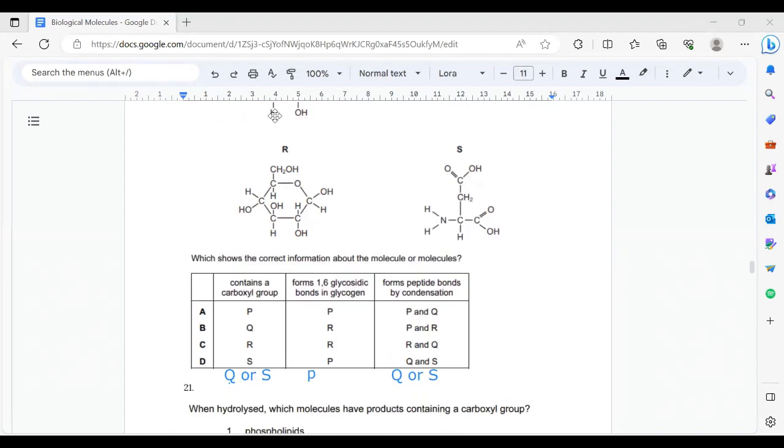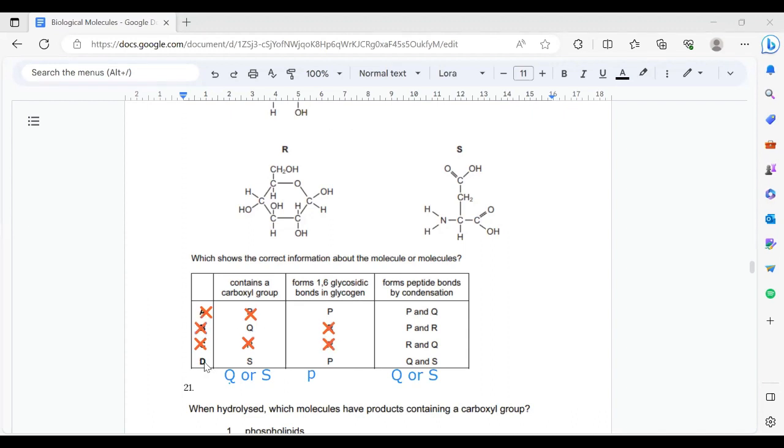Because we know the possible answers for each, if it is not a possible answer, you can cross them out. For example, in contains a carboxyl group, P and R are not possible answers. So you can cross out A and C. Forms 1,6 glycosidic bond, P is a possible answer, but R isn't. So B also gets crossed out.